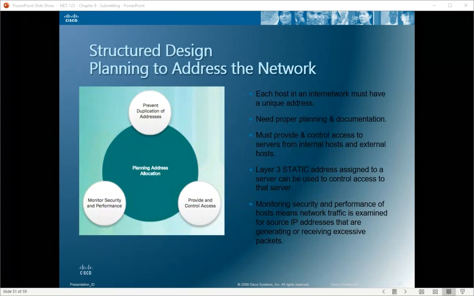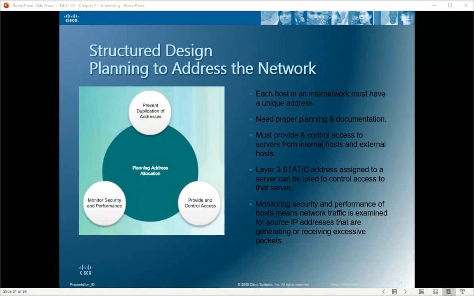So when we're doing this planning process, we have to think about how to prevent duplication, how to monitor security and performance, and provide control and access. Everybody's got to have a unique address within a network. Now, granted, with different subnets, that allows a little bit of variation, but not by much.